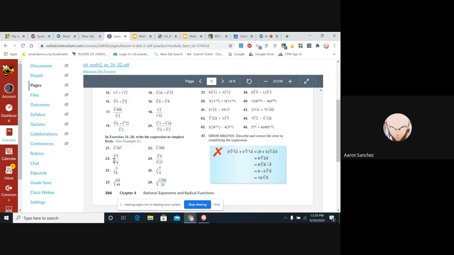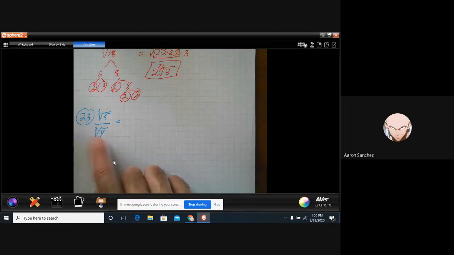Okay, remember what I said, what the problem is with this? You cannot have a root in the denominator. So I have to get rid of that root. I need to make this a number that I can find the cube root of, right? Like, what are my perfect cubes?